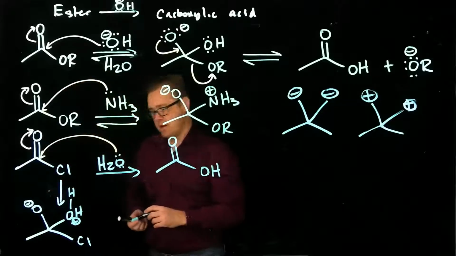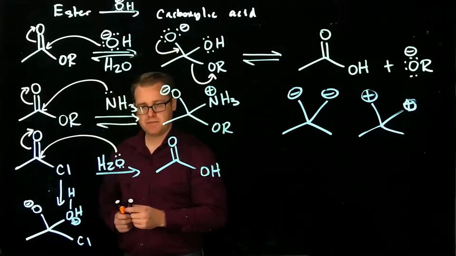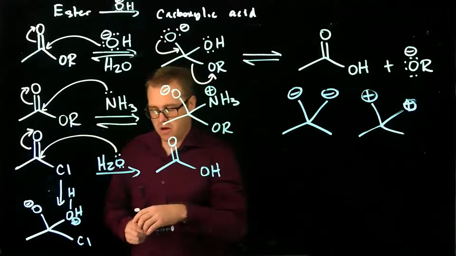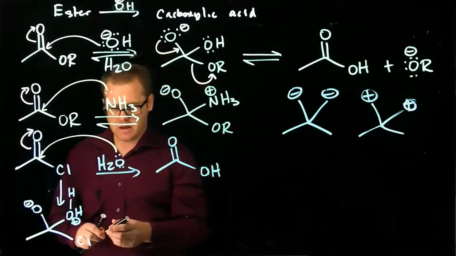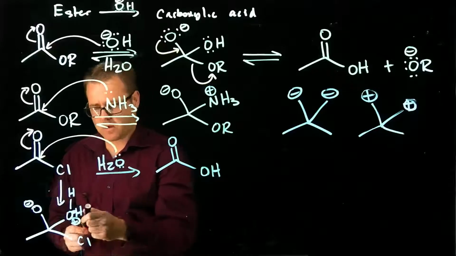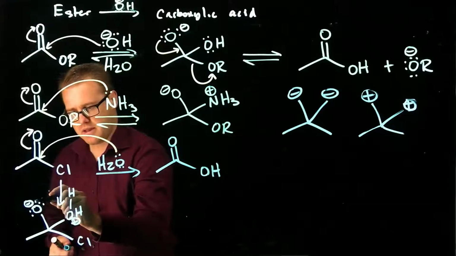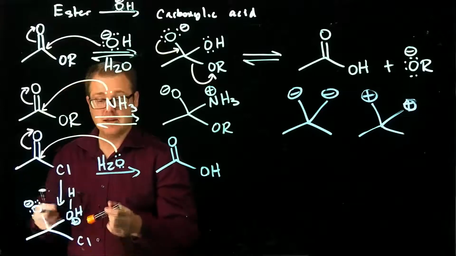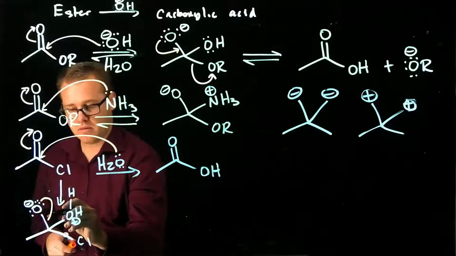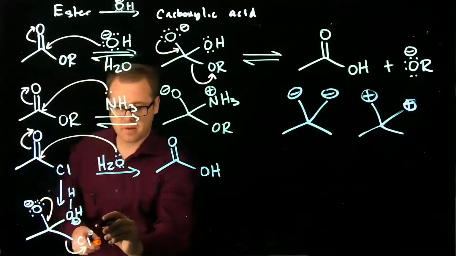Okay? So what is our next step going to be? Is the chloride a good leaving group? Of course it is. So we can take this tetrahedral intermediate, collapse it down, and then kick off the chlorine atom.